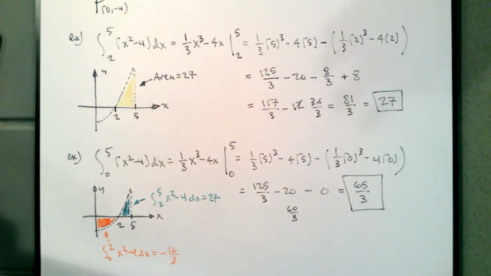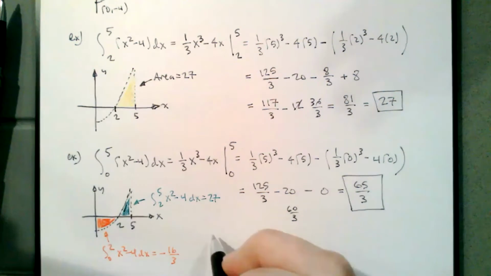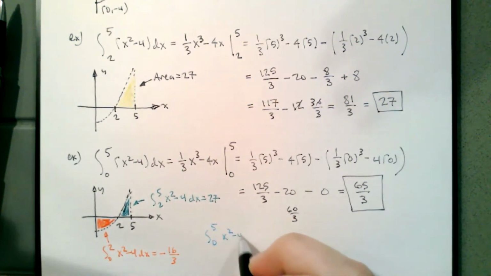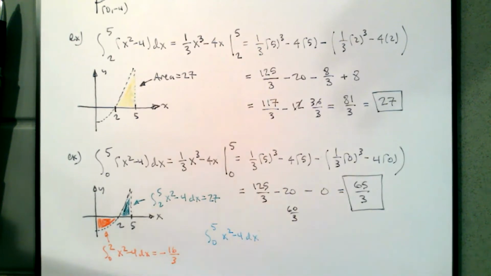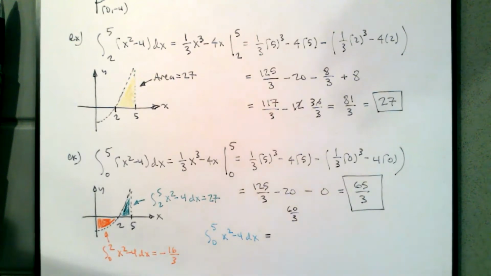If I add these two together, if we look at the integral from 0 to 5, we see that the integral from 0 to 5 of x squared minus 4 dx is the integral from 0 to 2 plus the integral from 2 to 5.